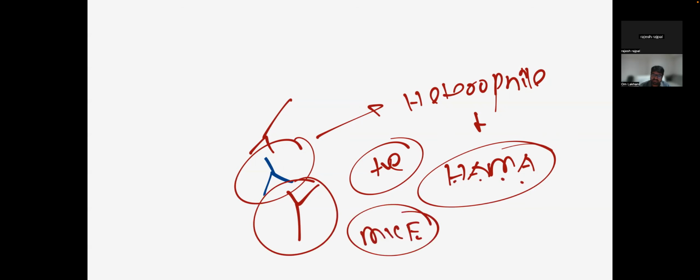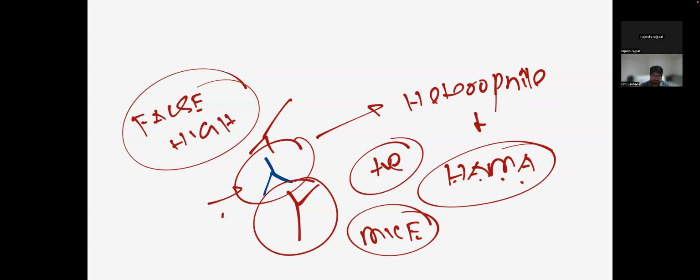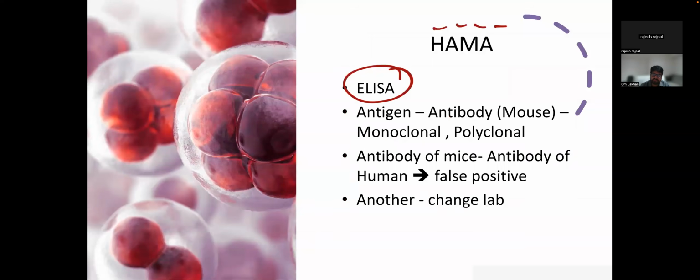Because the kit uses antibody from mice, if you have an antibody against mouse antibody, sometimes you can have a false high value of TSH. This is a very, very important point. It's a form of heterophile antibody.